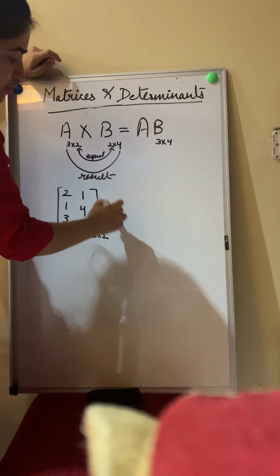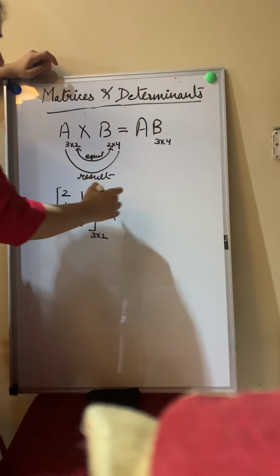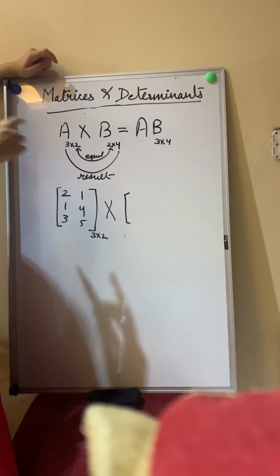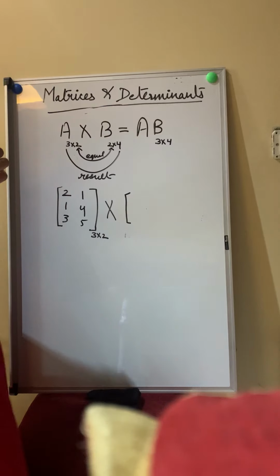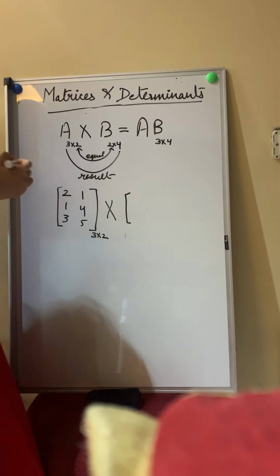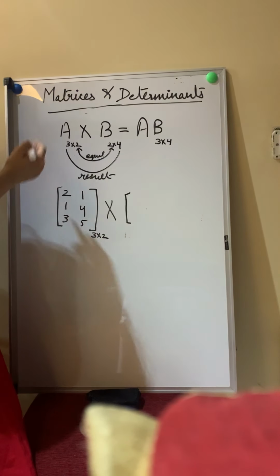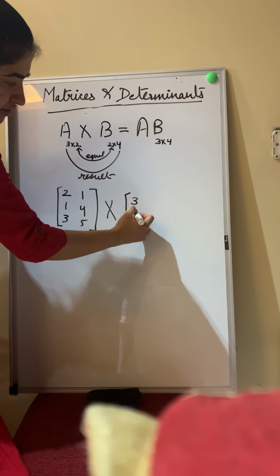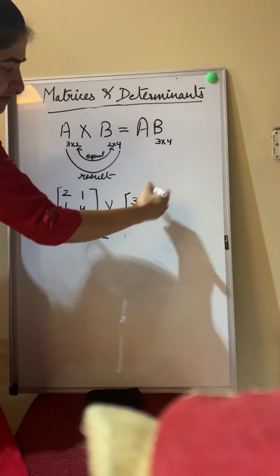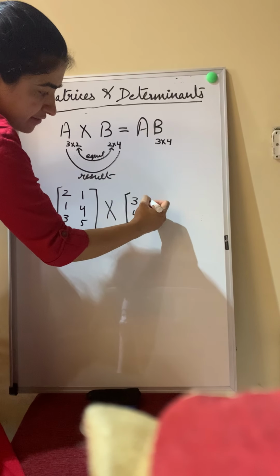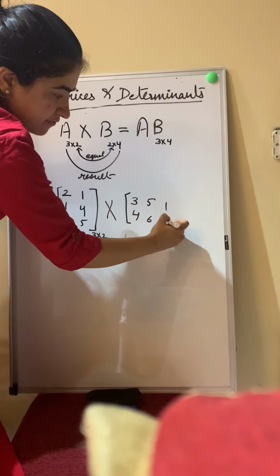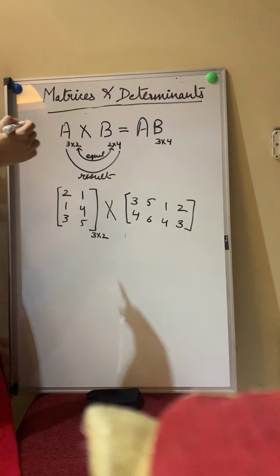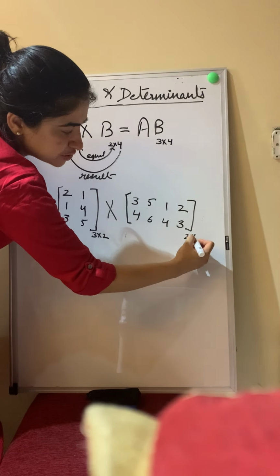Now I have to multiply this with the matrix B. Now B should have the order of 2:4. There should be 2 rows and 4 columns: 3, 4, 5, 6, 1, 4, 2, 3. So now this has an order of 2:4.